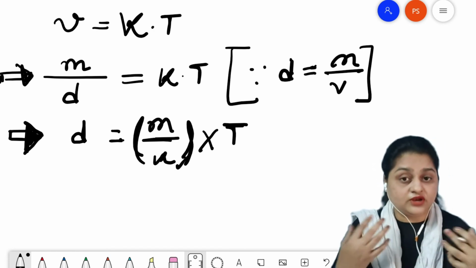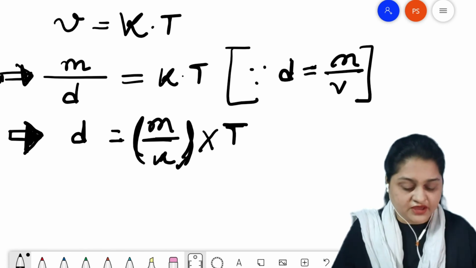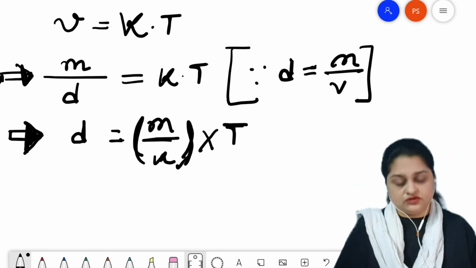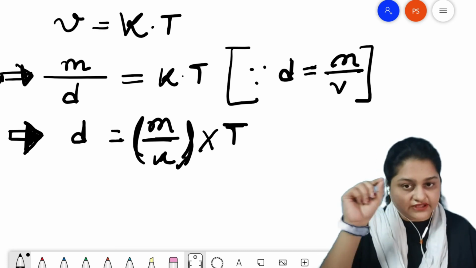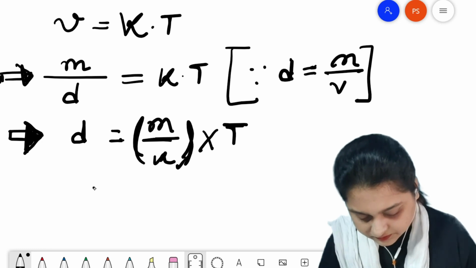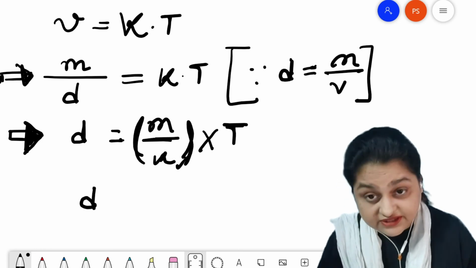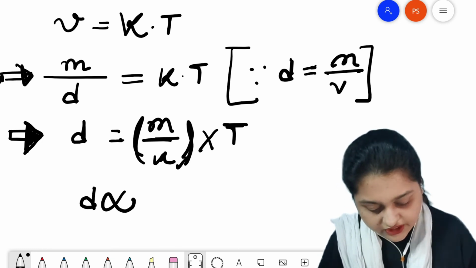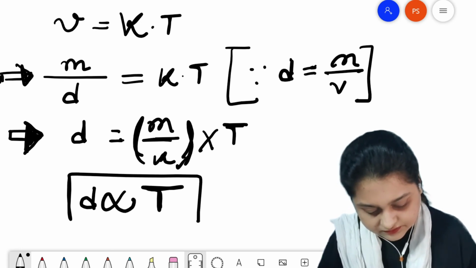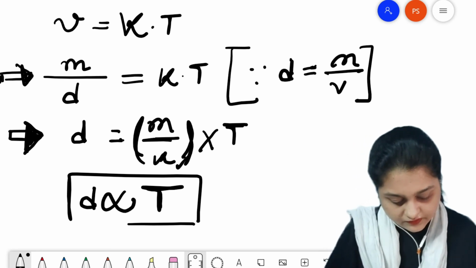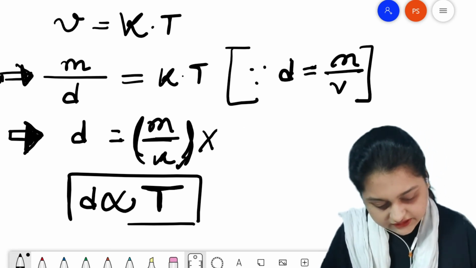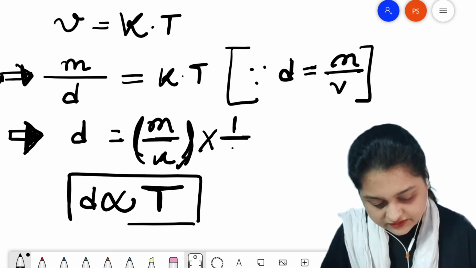So this entire term m by K is a constant term which relates the density of the gas with the temperature. Density is directly proportional to 1 by the absolute temperature T. Sorry, a little bit of a mistake I had made again. This is going to be 1 by T.